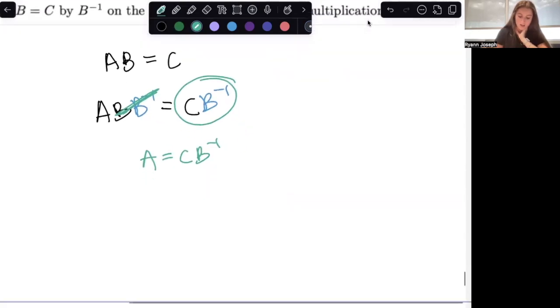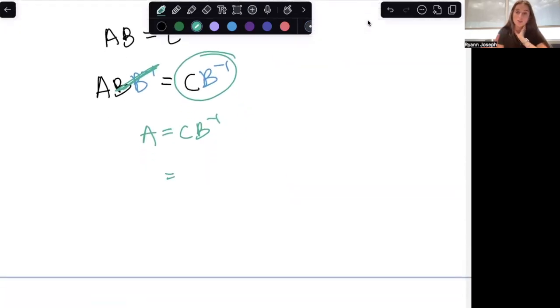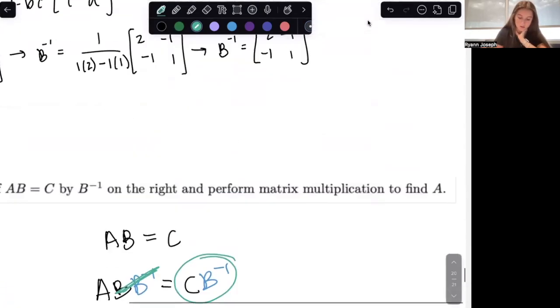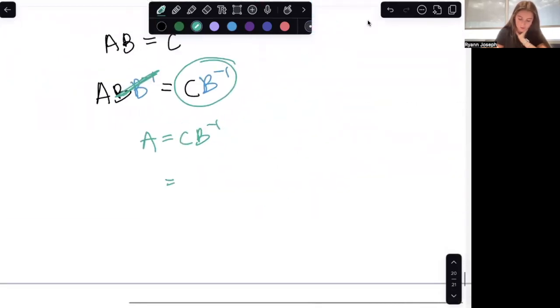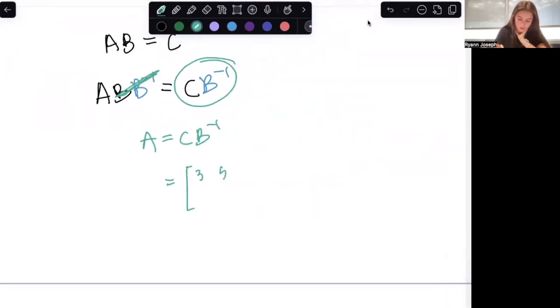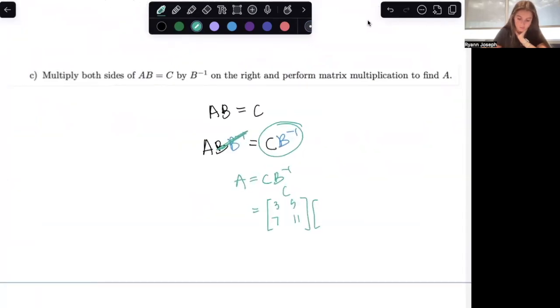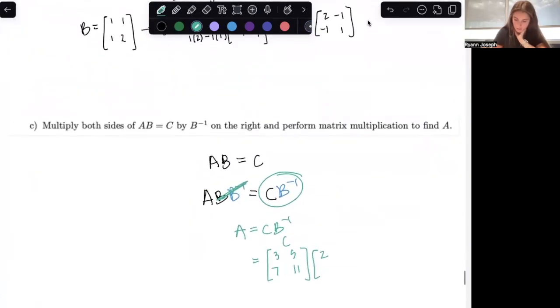So they want us to compute A explicitly because we know C and now we know B inverse. So C is this guy, [3, 5; 7, 11], and the B inverse is what we just computed, [2, negative 1; negative 1, 1].